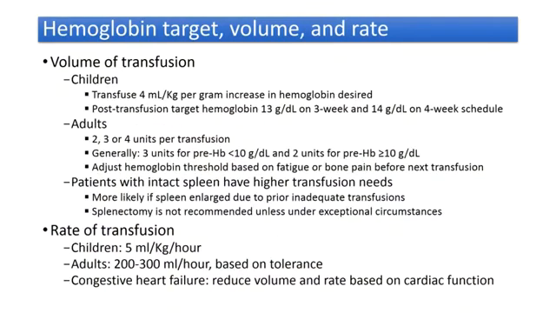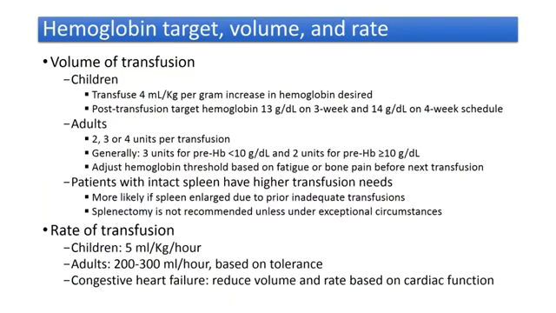The volume of transfusion usually is decided in children based on their weight. So the volume is approximately 4 cc's per kilo for each gram in hemoglobin that is desired. So in general, children who are on 3-week transfusion schedule may receive 14 to 16 cc's per kilo of transfusion. In adults, we transfuse by units.